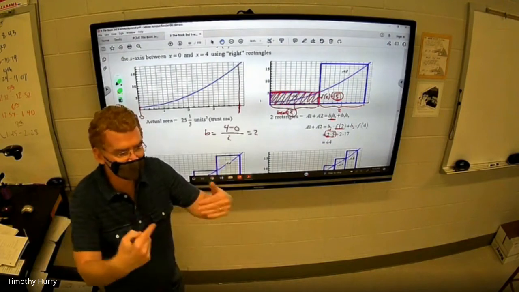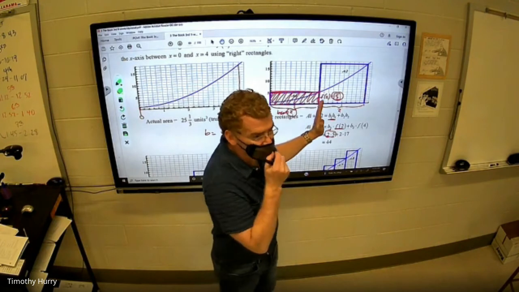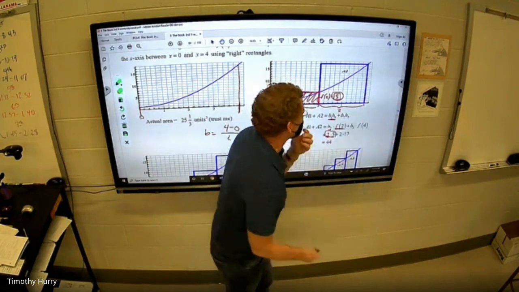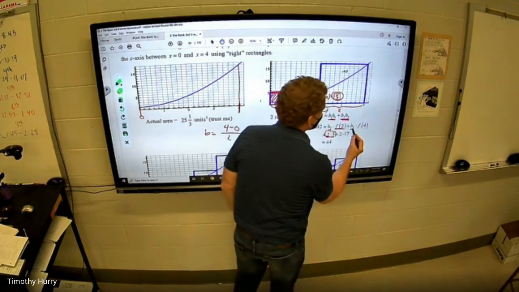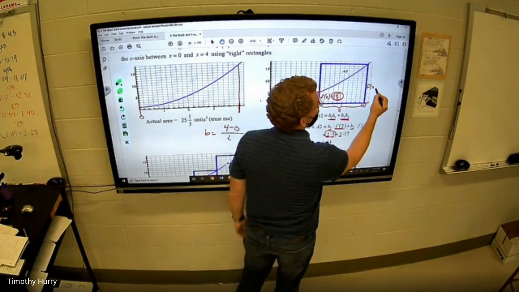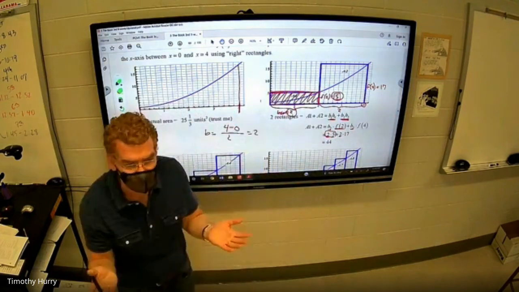Now for the next base, I'm not starting at 2. I'm starting where? 2 over from 2, which is now 4, but I still have the same base. So I'm still going base and height. So I can still use 2 for my base. But for my height now, I would have to plug 4 in to find the height, and it ends up being 17. And again, I'm assuming I know my function.